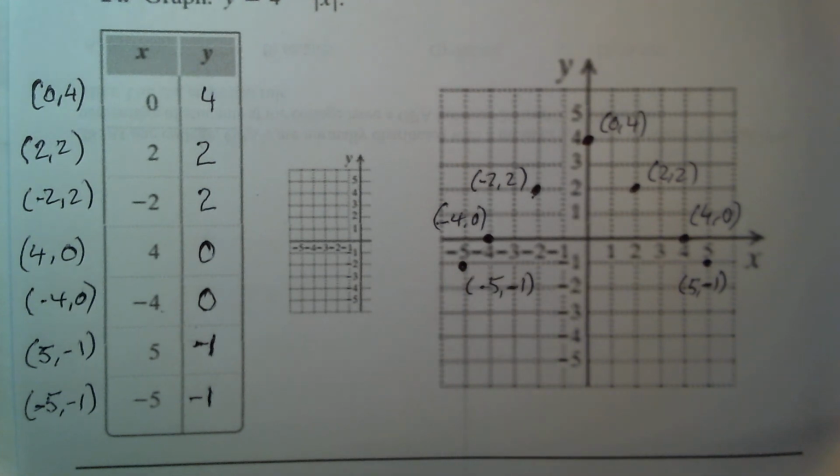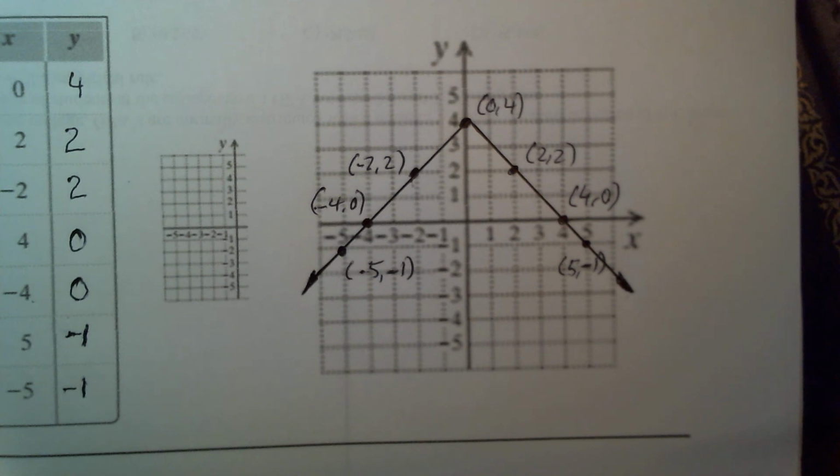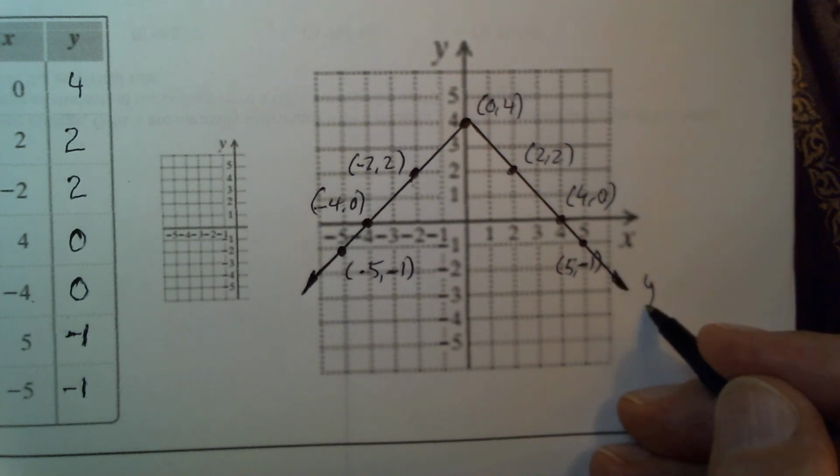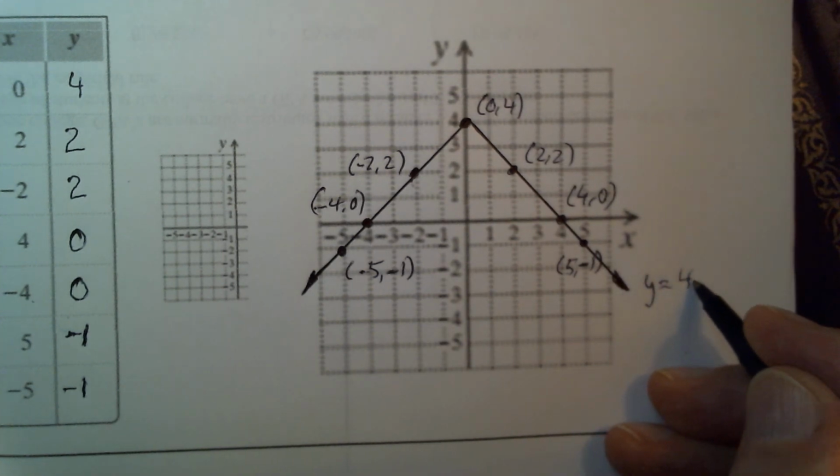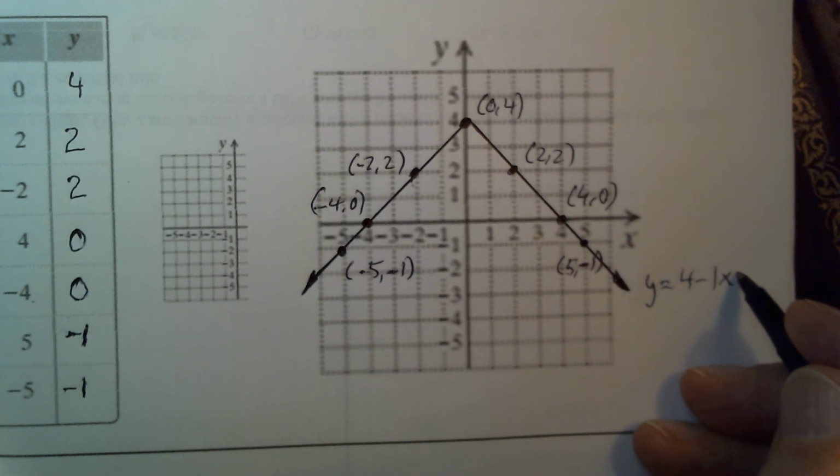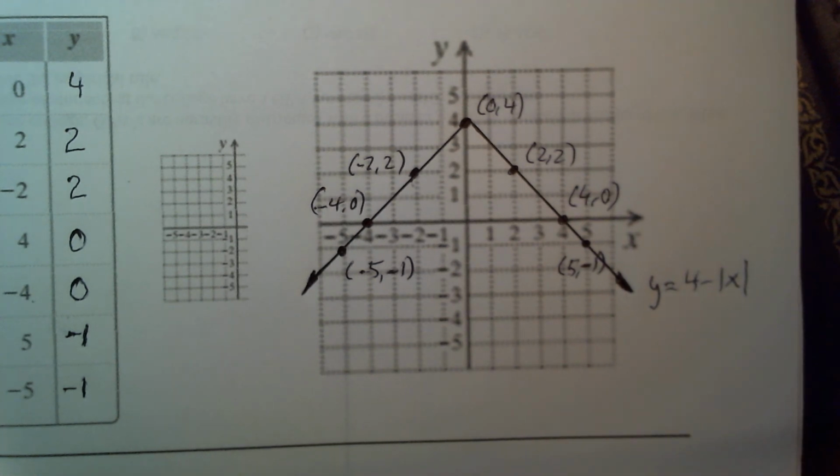Now we're just going to connect those points with a straight line. And that would be the graph of the equation y equals 4 minus absolute value of x. And this concludes section 2.1.